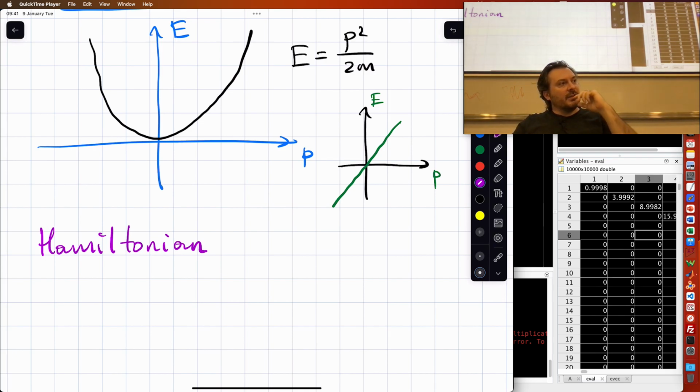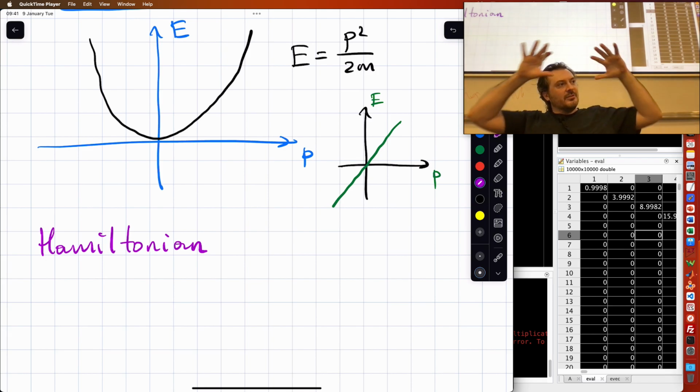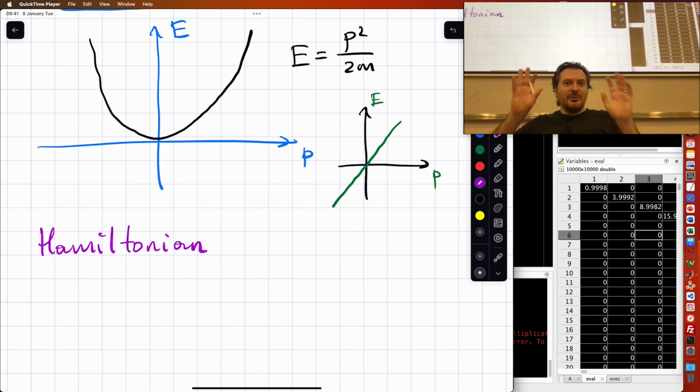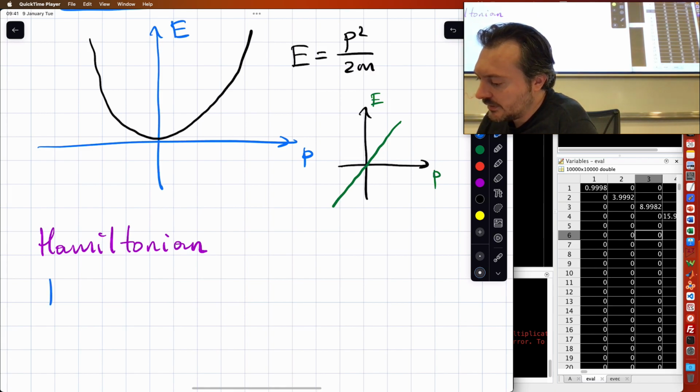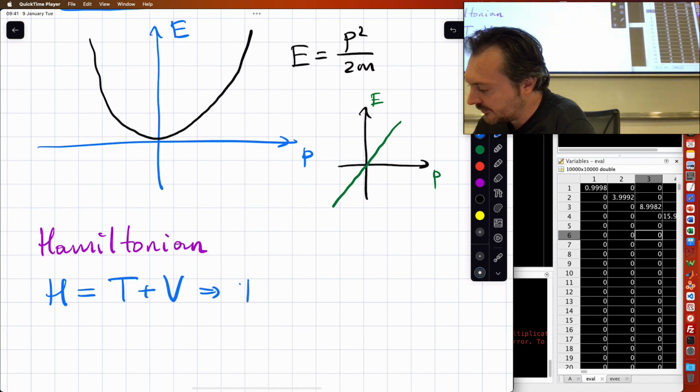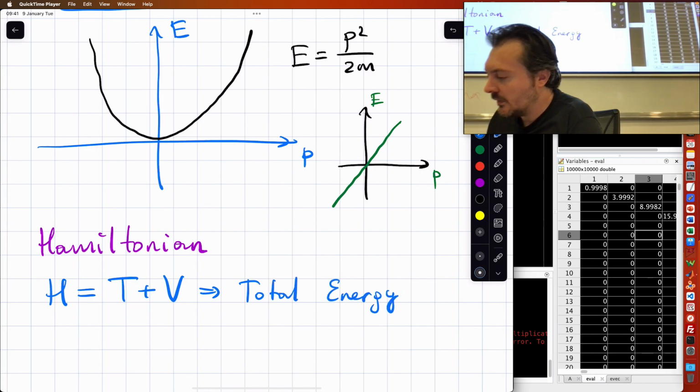So if you don't have time symmetry, which one is the larger encompassing thing? Hamiltonian, right? In this course, Hamiltonian is total energy, okay? We have no such ambiguities in this course. We will just show Hamiltonian as kinetic energy plus potential energy. This will be total energy. Okay?